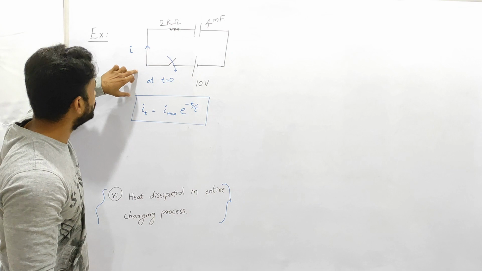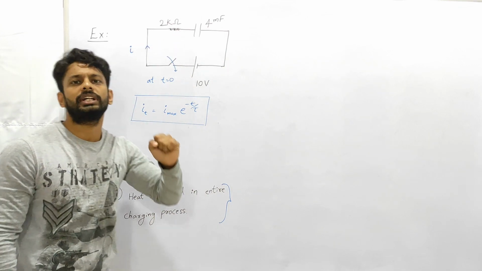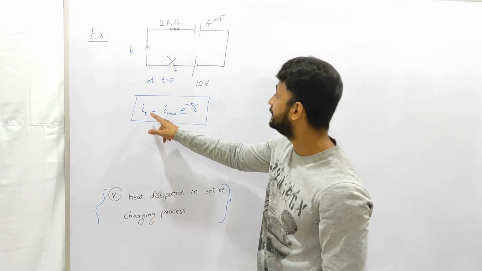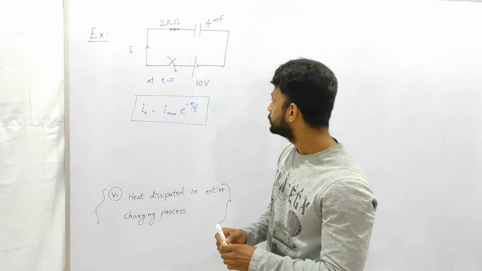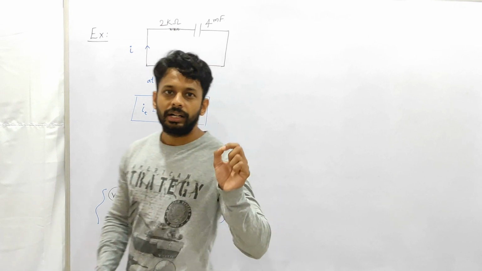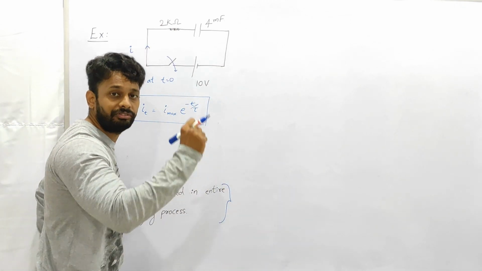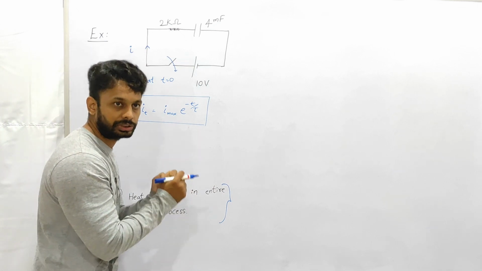Now here in this situation, I want to find the heat dissipated across this resistor, and we know that is I square R into the time, but this I is not a constant, it's changing with time. So it's a variable. So in this situation what we need to do? We will find the heat dissipated in a very small time interval, and within that small time interval we assume the current is not changing considerably, almost constant.